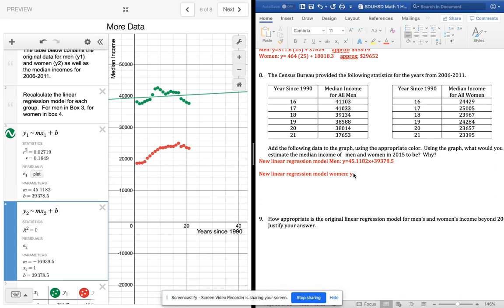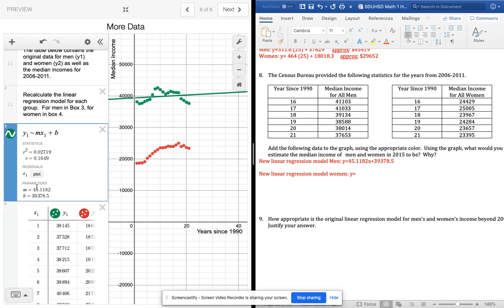So for women, it's y equals negative. Like I did something wrong. Let me go back and try this again. It doesn't look negative, does it?